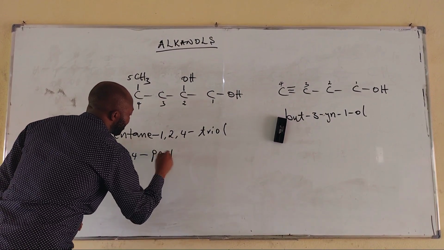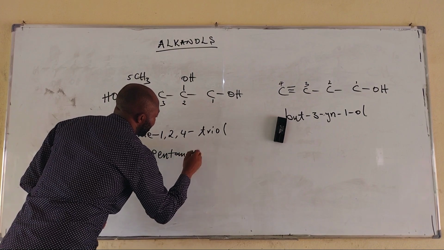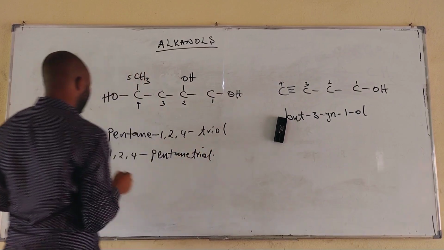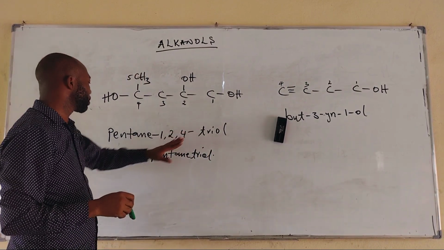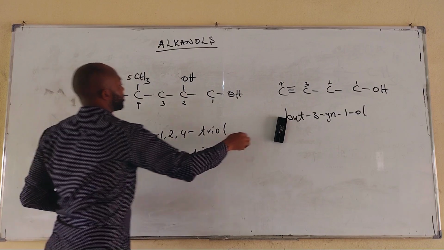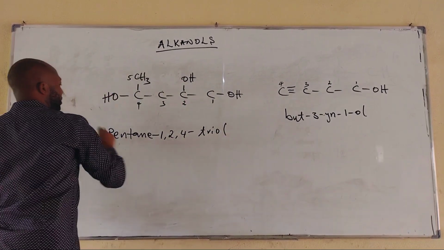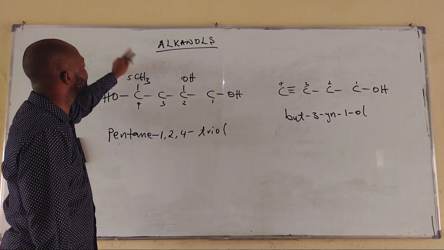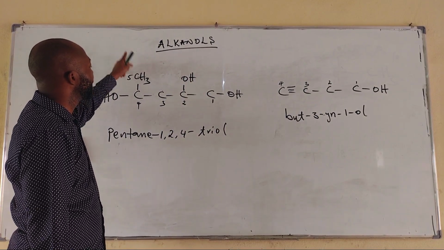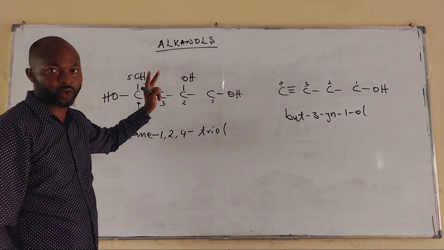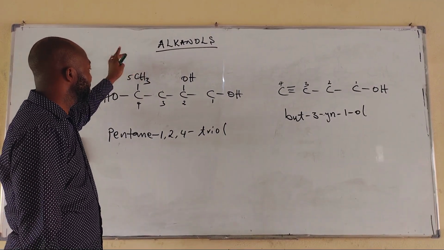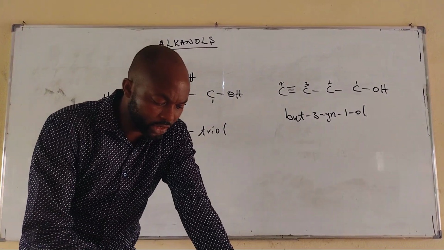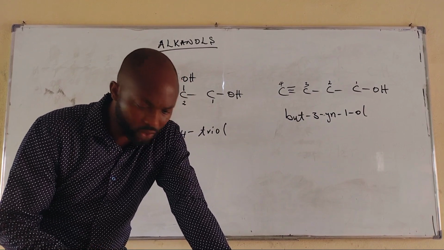I think I will go with this one: pentane-1,2,4-triol. So take note of this last CH3, the carbon atom. The terminal carbon cannot be a substituent. We can easily make mistakes, so let's be watchful. We are going to take a series of other examples so that we know where we are.